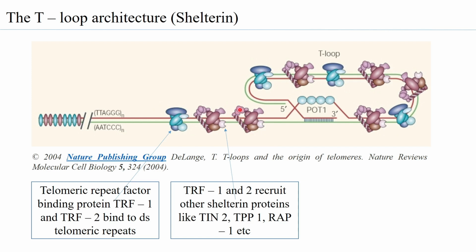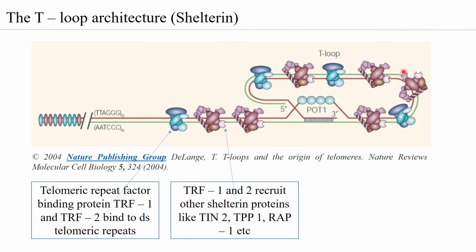And together, because they bind to the telomeric repeats, they are actually protecting the telomere. So they are basically forming a multimeric complex in such a way that the telomere itself with the 3' overhang loops on it.